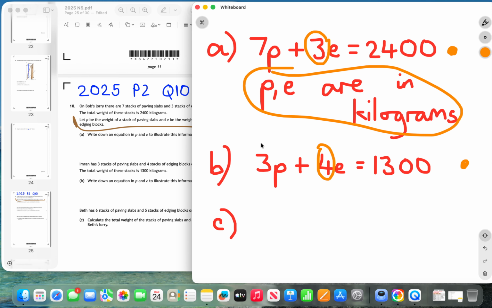The lowest common multiple of 3 and 4 is 12. So what we have to do is scale both of these equations such that the number in front of E is 12. It does not matter at the minute if it's a positive or a negative 12. We just need it to be 12.